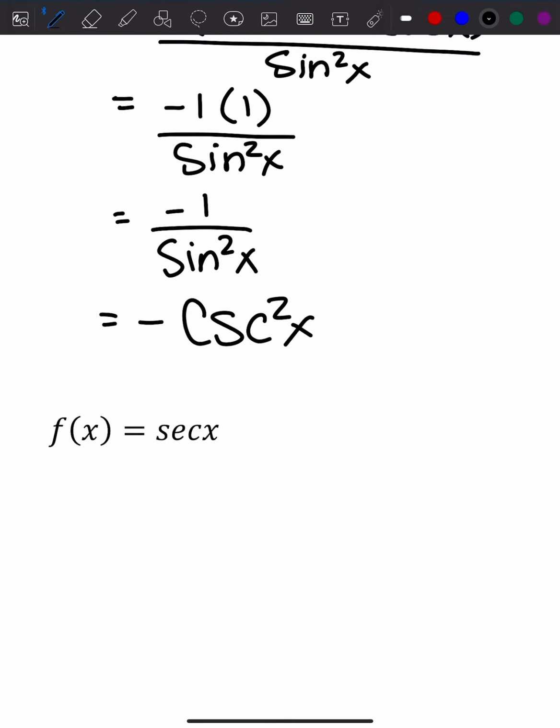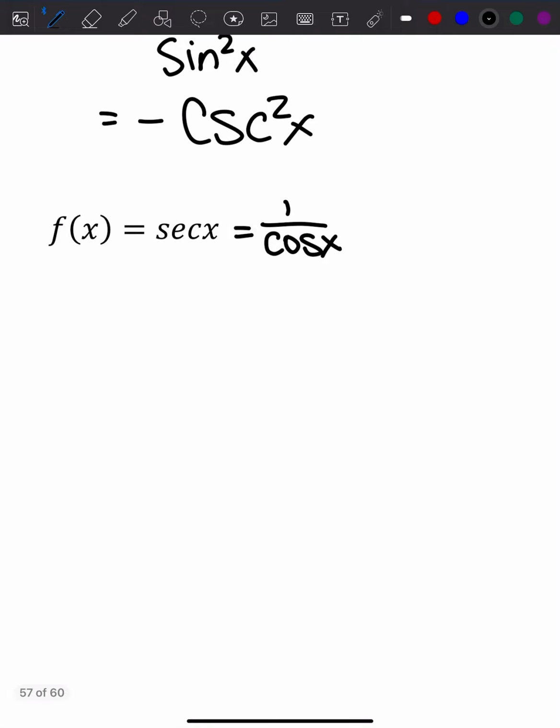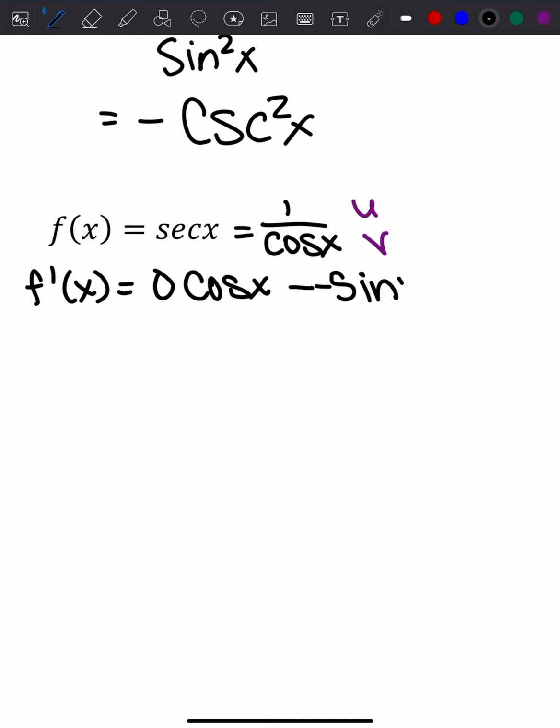Okay, secant. Secant is the same thing as saying 1 over cosine. Even though it feels like we should just be able to do this one really easily, we still have to use quotient rule. So this time our top function is 1 and our bottom function is cosine. So f prime of x equals the derivative of 1 is 0 times cosine of x minus the derivative of cosine is negative sine times 1, all divided by cosine of x squared.